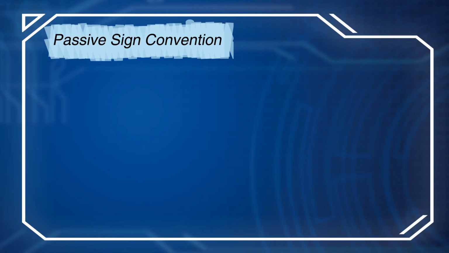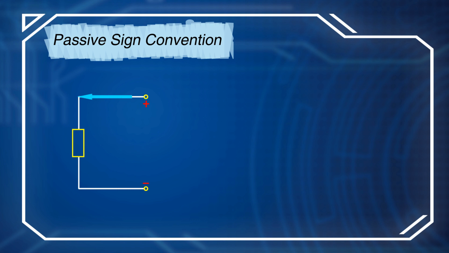If we want to calculate power, we have to know the passive sign convention. By the passive sign convention, the current enters through the positive polarity of the voltage.